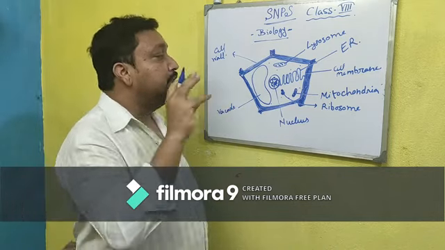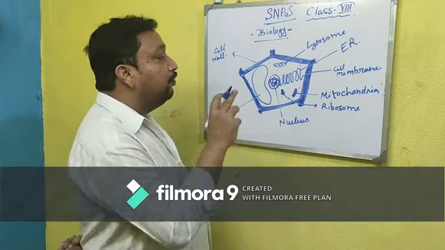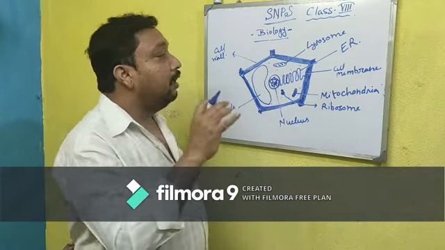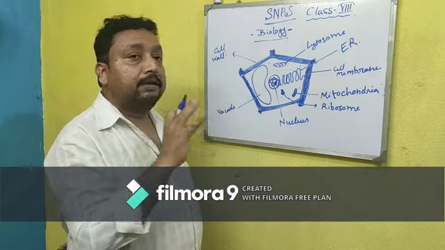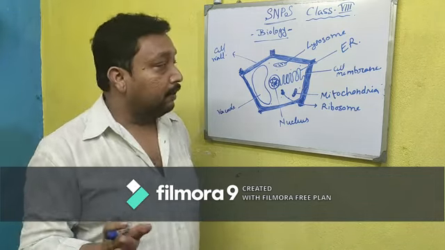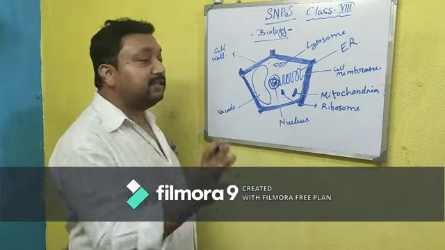The structure of the different kinds of cell organelles, the cell wall and the cell membrane will be discussed later individually. So this is the basic structure of a cell.